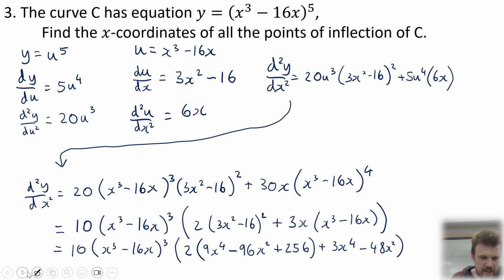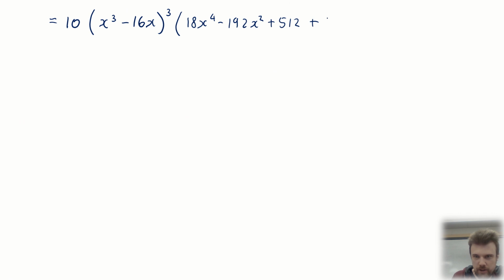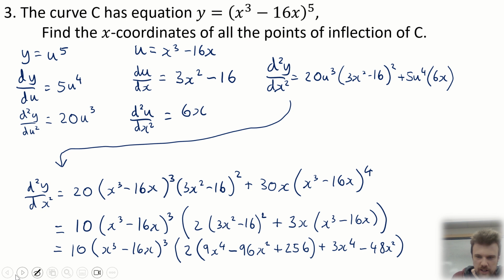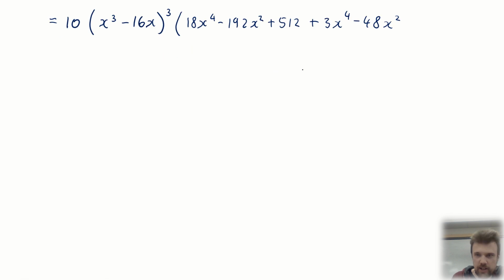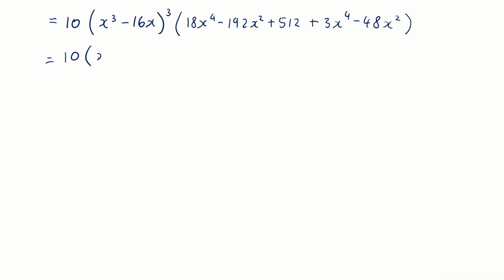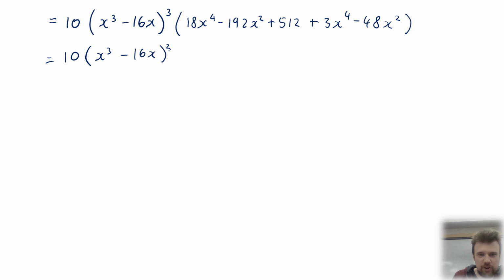Plus 3x to the 4 minus 48x squared? I can't remember. Was it x squared? It was an x squared. There you go. I can remember stuff sometimes. Then simplifying that. We're putting the effort in now so that it's easy to solve in a bit.